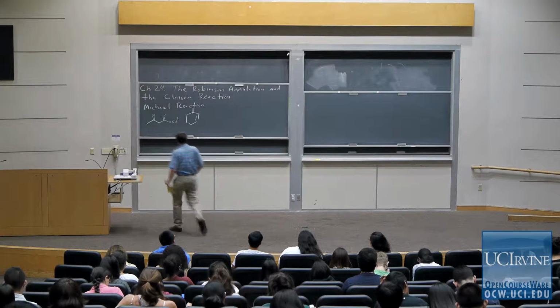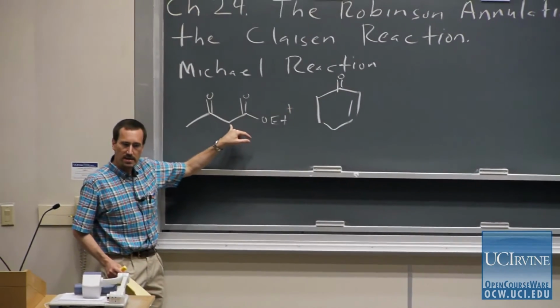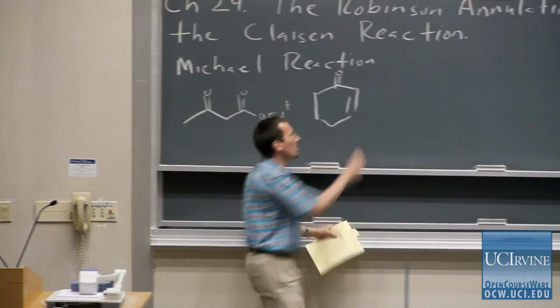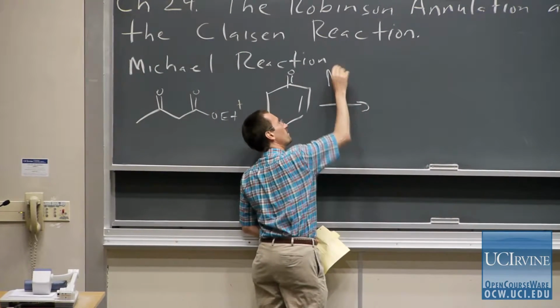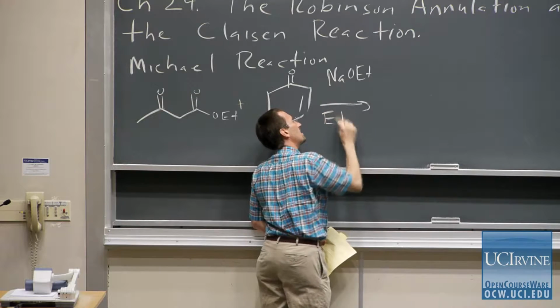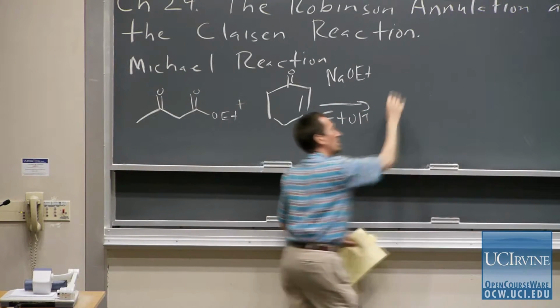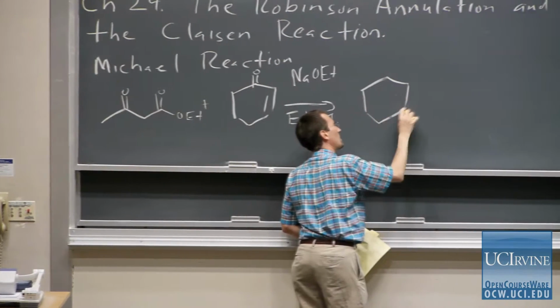And in the presence of something that allows us to make an enolate, in this case, one of our two favorite bases we've been seeing again and again, sodium ethoxide in ethanol, we end up with a 1,4 addition of the enolate to generate a new enolate.